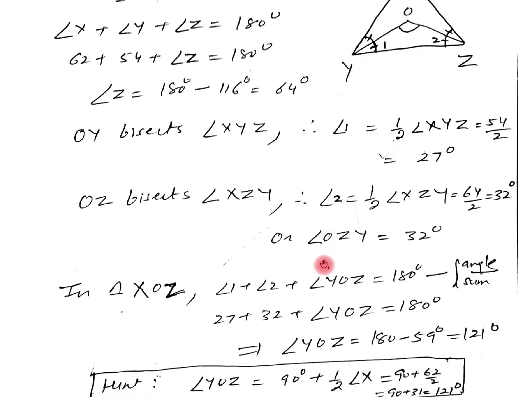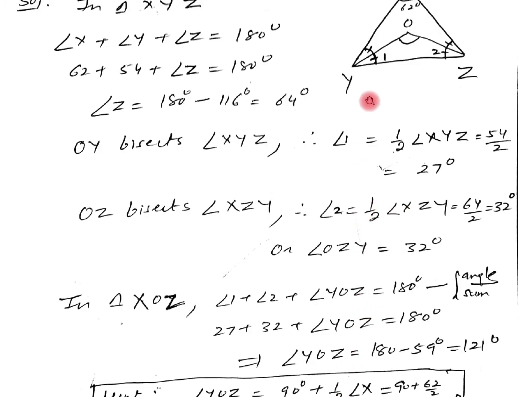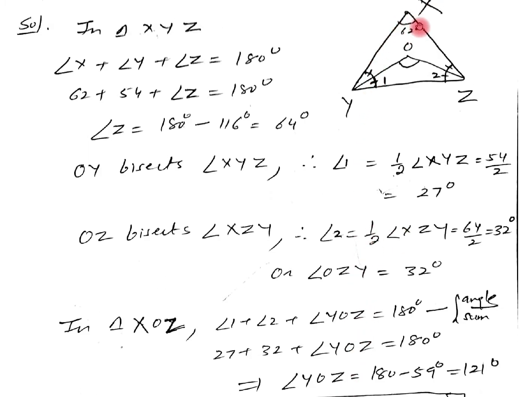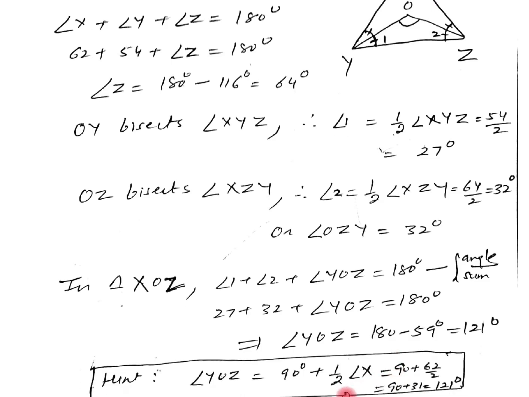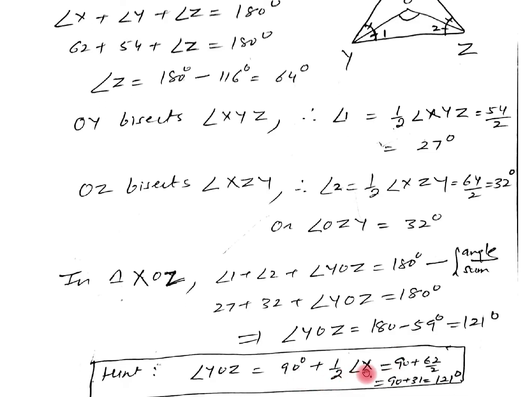So we can easily write angle YOZ is equal to 90 plus half of angle X. So it is 90 plus 62 by 2, it means 90 plus 31, equal to 121 degrees. If this question has been asked as a 1 mark question, we can only use this property and write down the result.